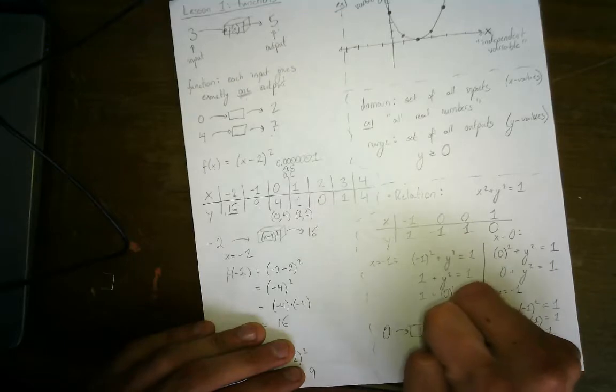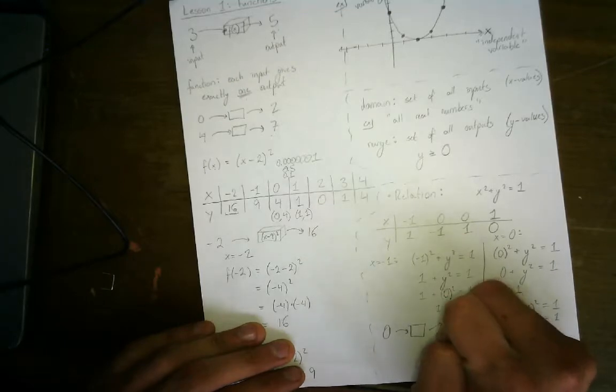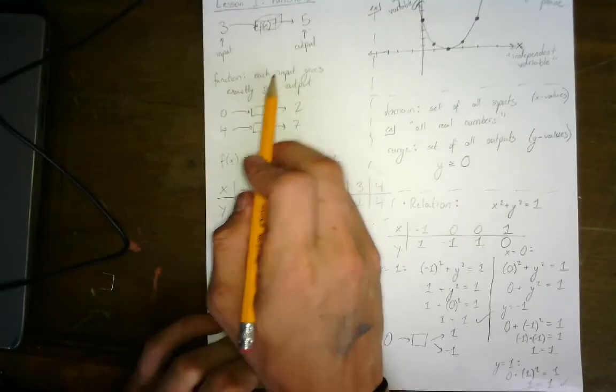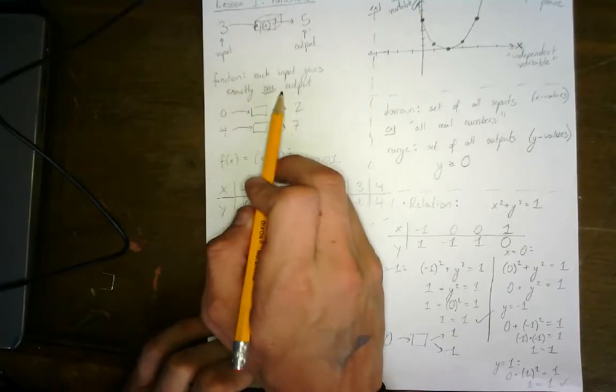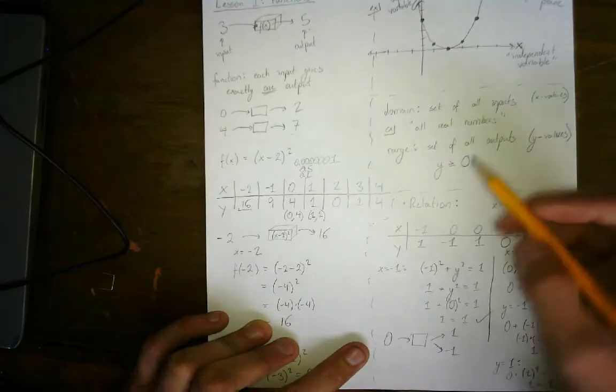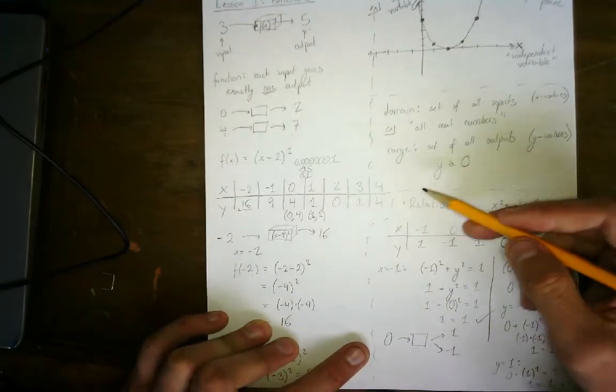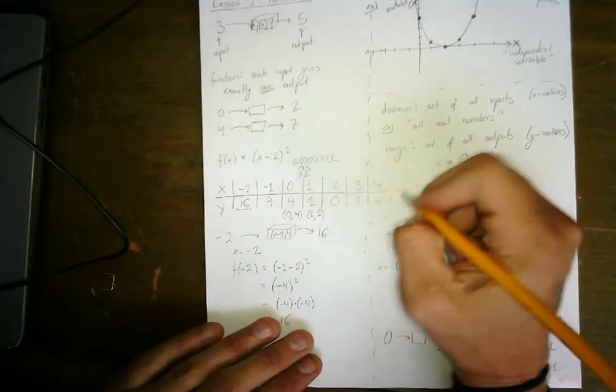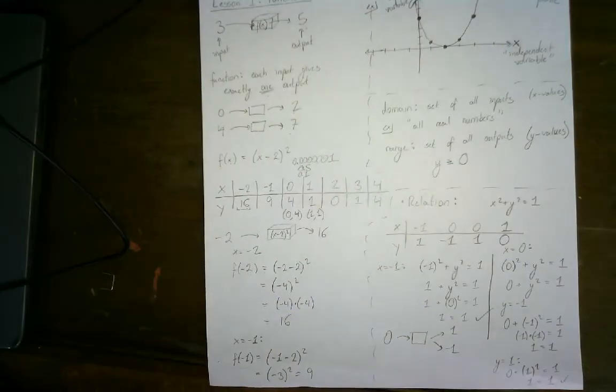We not only get out a 1, we also get out a negative 1. So that breaks our rule. Each input has to give exactly one output to be a function. In this case, it's a relation. So it's more general. A relation is just any two values that have a connection with each other, okay?